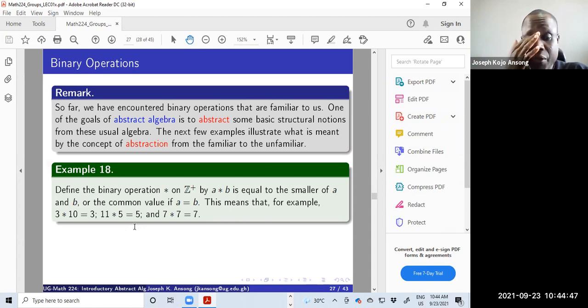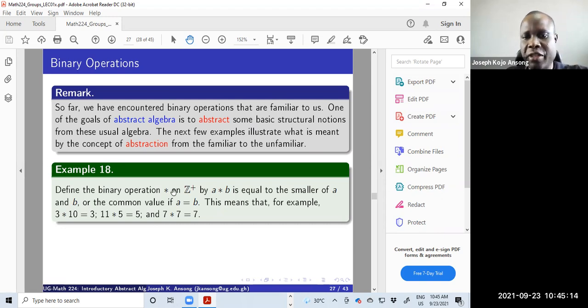So there are some examples here that will give you an idea of what is meant by the concept of abstraction, from a familiar concept to an unfamiliar concept. For instance, we know addition and multiplication. We want to generalize or abstract those operations to give us new operations. So here's an example.